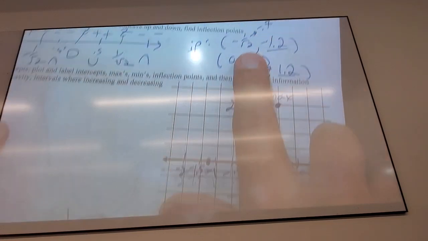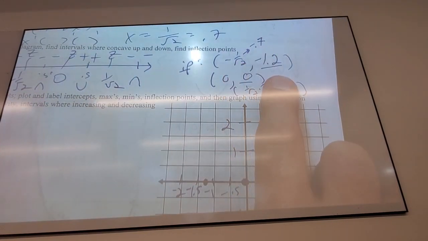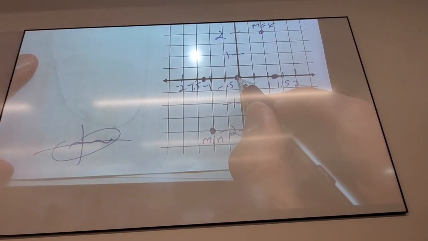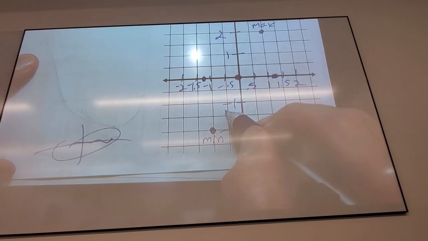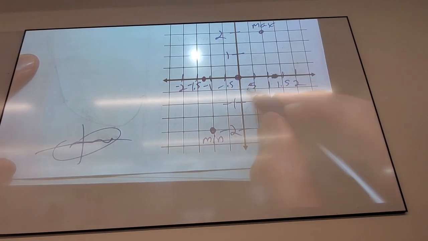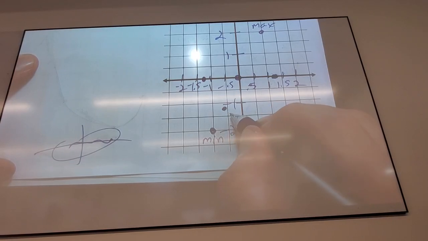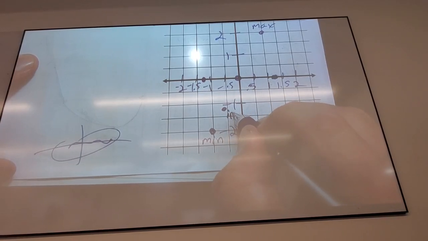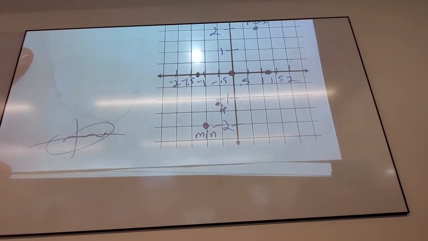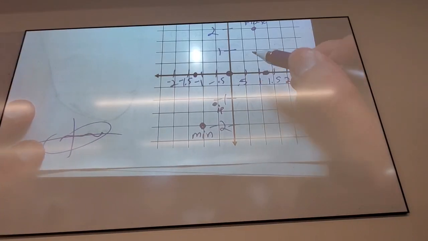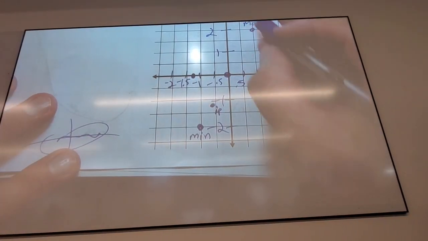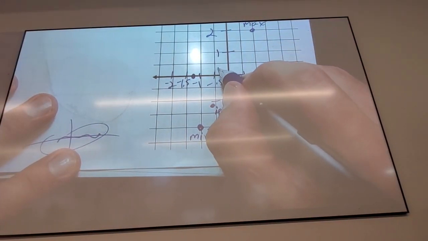Then I got inflection points at negative 0.7, negative 1.2. There's an inflection point, IP. And then 0, 0 is an inflection point.